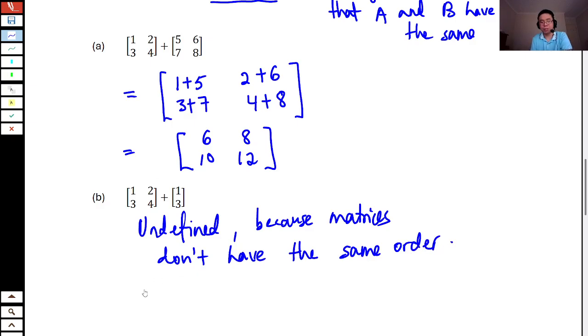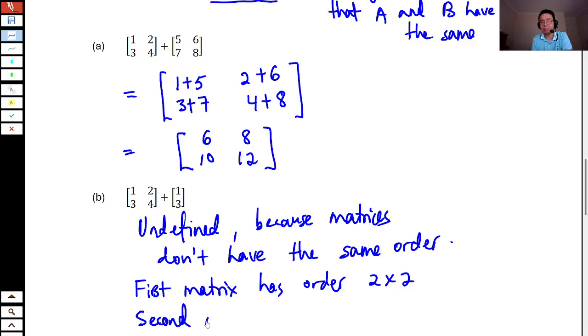And if you wanted to be more specific, you could say the first matrix on the left has order 2 by 2, 2 rows and 2 columns, whereas the second matrix has 2 rows and 1 column, so we would say the order is 2 times 1.